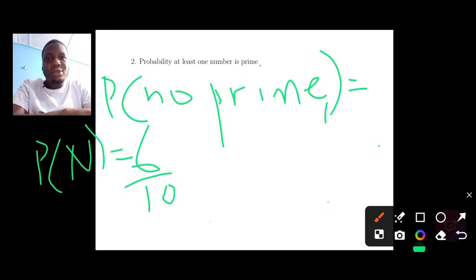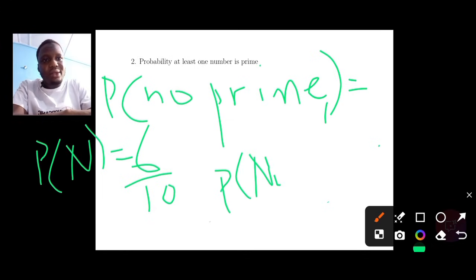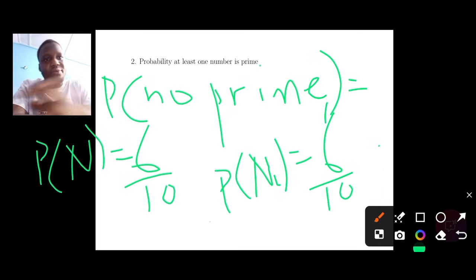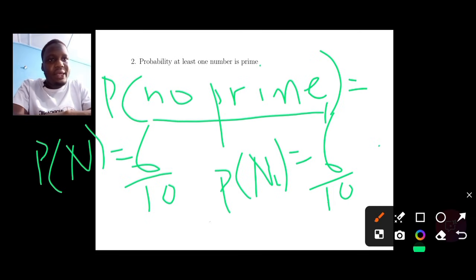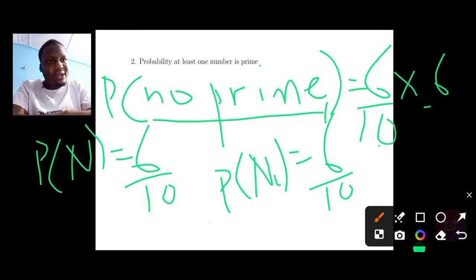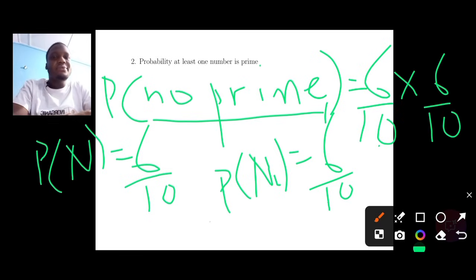So the probability of not getting prime in the first one is 6/10. And the probability of not getting prime in the second one is also 6/10. Okay, so the probability of no prime is the first one is not prime and the second one is not prime.